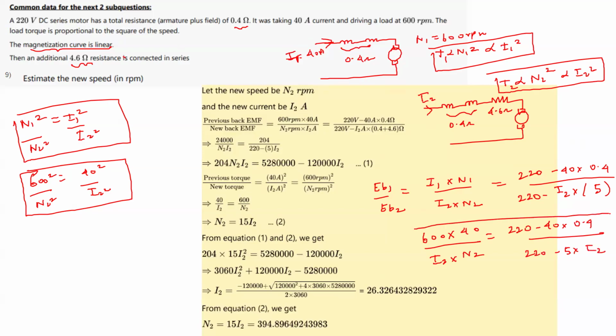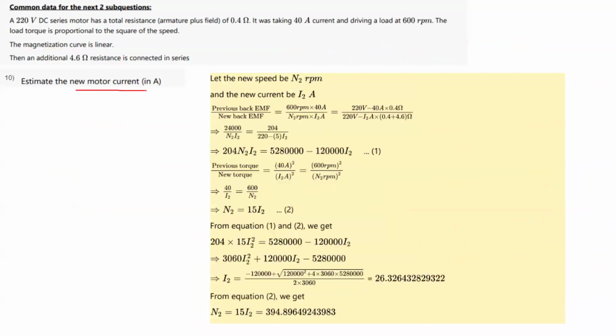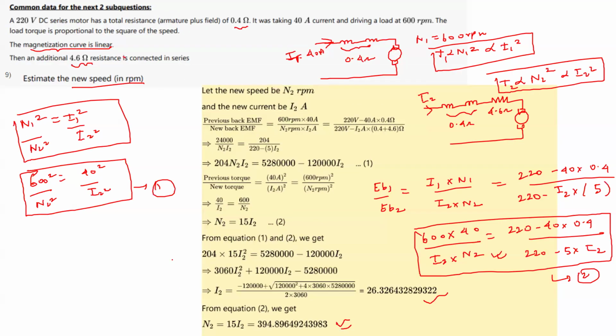So there are two unknowns, I2 and N2, with one equation here and another equation there, so you can solve for them. If you solve, you will get I2 current as 26.326 and N2 as 394. In this question they are asking for the new speed, and in the next question they are asking for the new motor current, I2. In this way you can solve these questions.